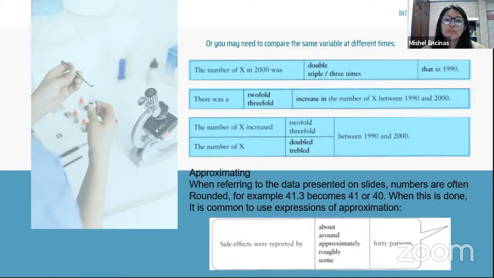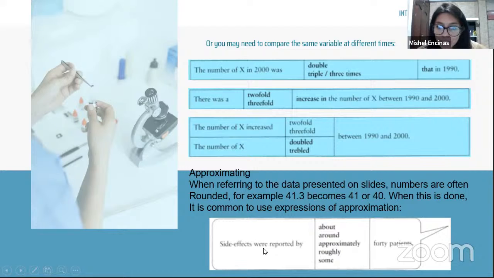Approximating. When referring to the data presented on the slides, numbers are often rounded. Okay, for example, 41.3 becomes 41, okay, or 40, but most likely 41. When this is done, it is common to use expressions of approximation.